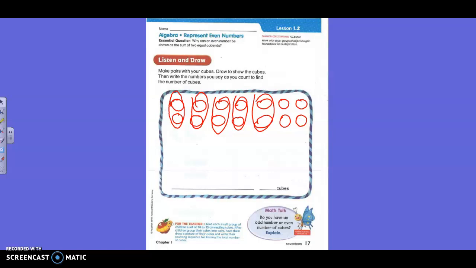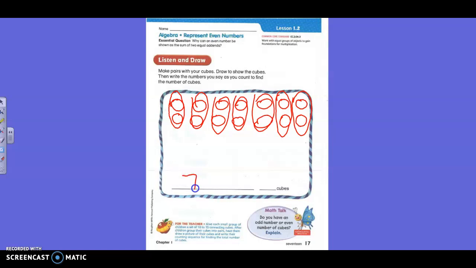Then we can pair them, showing their pairs. And we said that there were 7 pairs, right? You see 7 on the top and 7 on the bottom, right? So that's going to be our number sentence when we are adding.